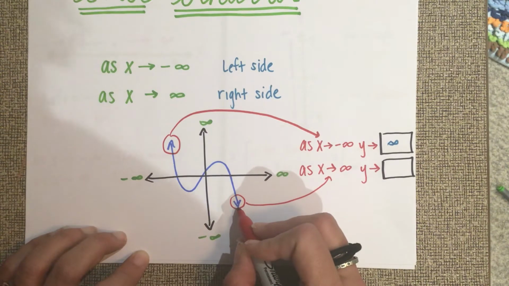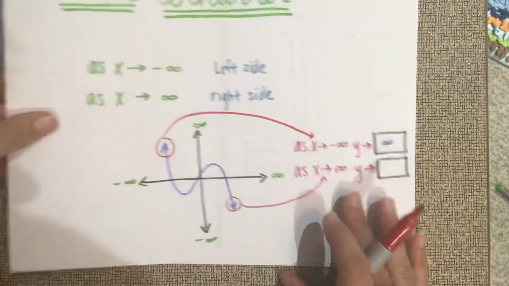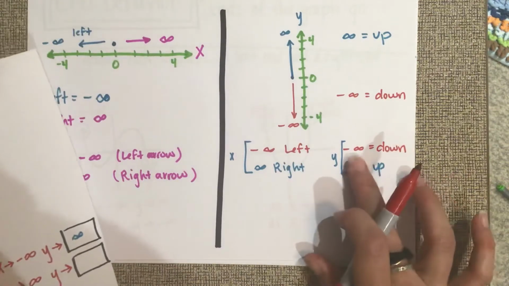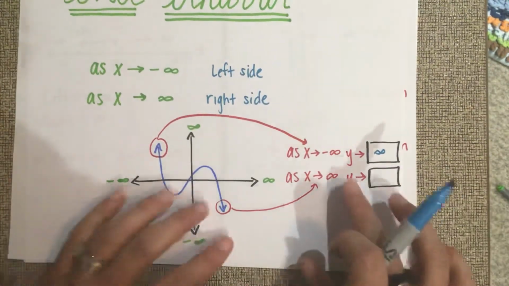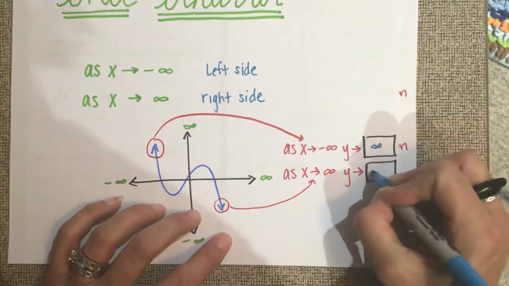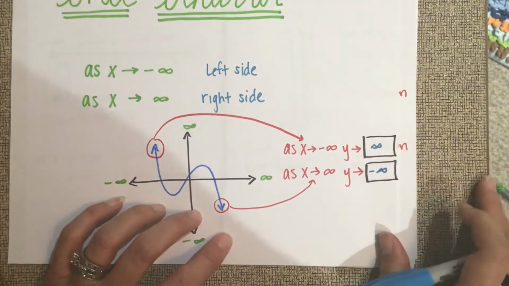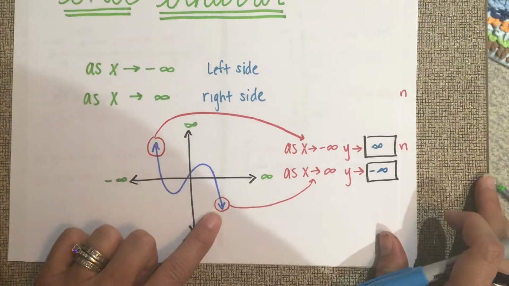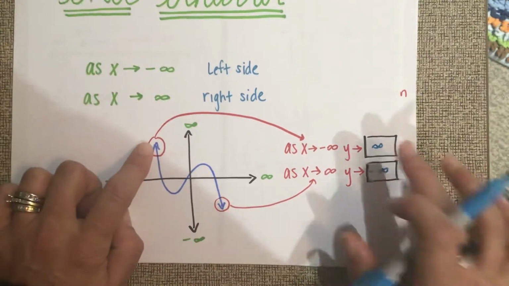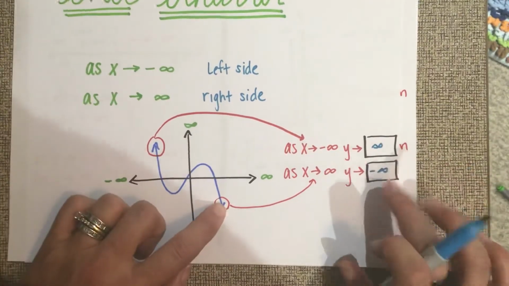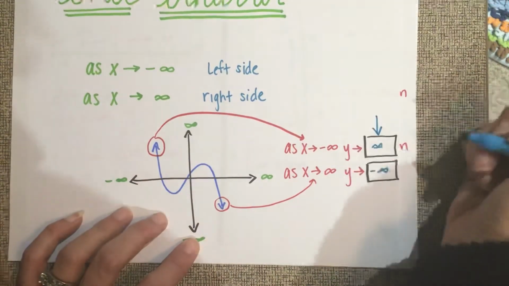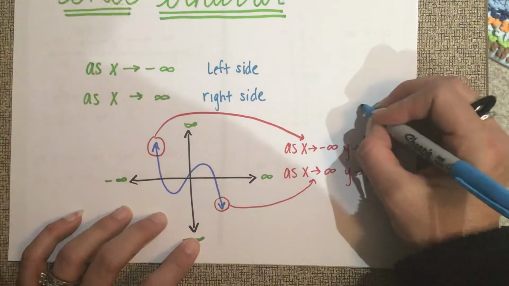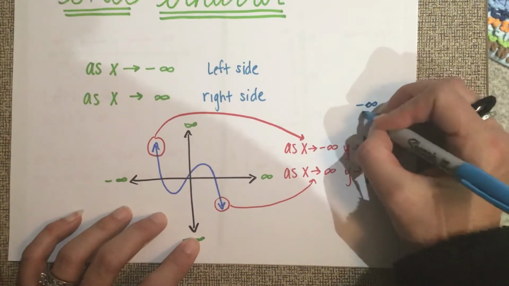If we go down, that means I have negative infinity. So as x goes to positive infinity, y is going to negative infinity because it's going down. Up, positive infinity; down, negative infinity. Your only answer choices for these are negative or positive infinity.